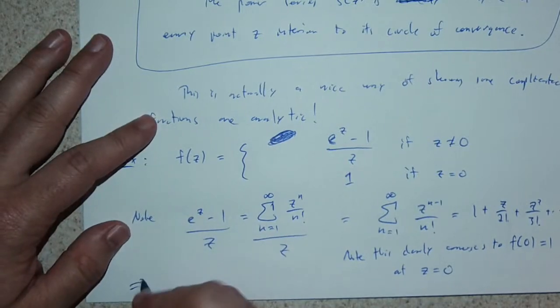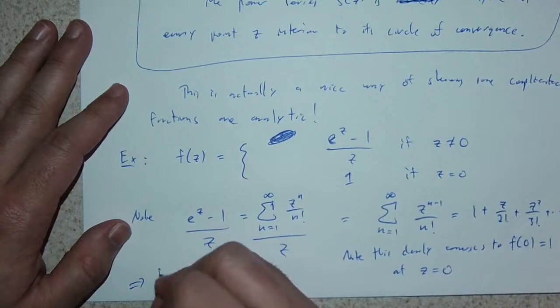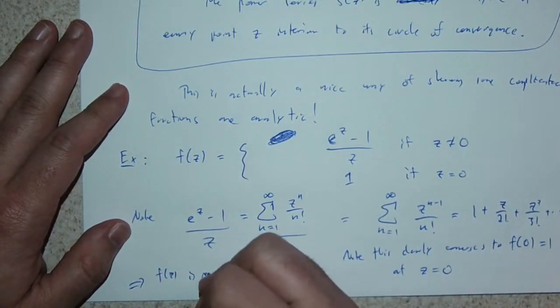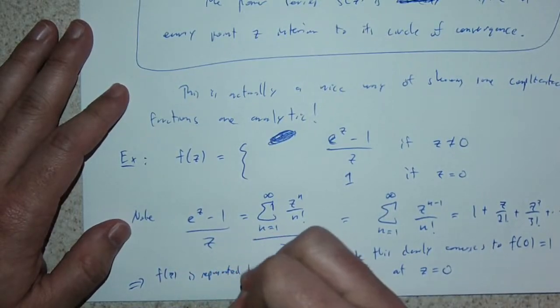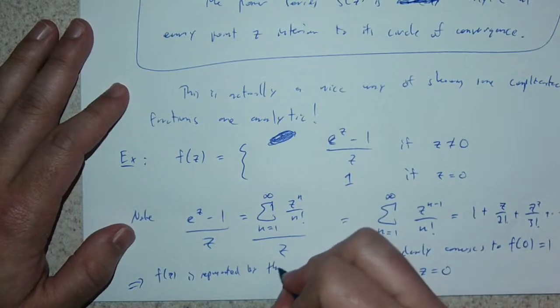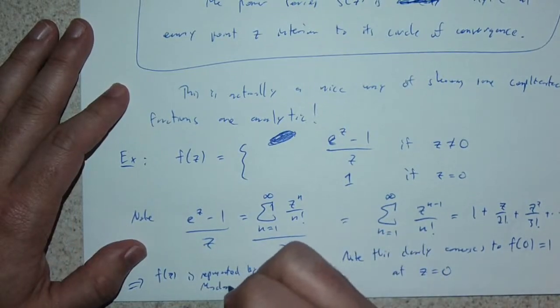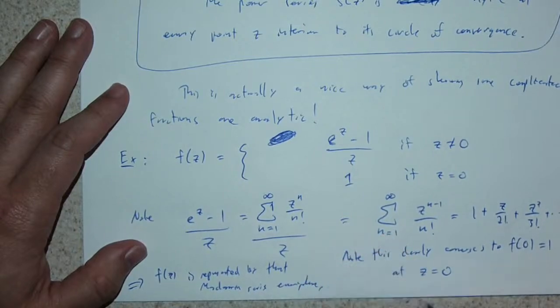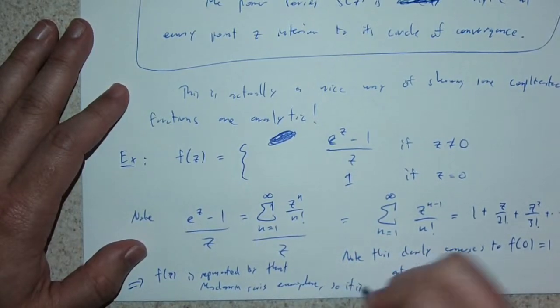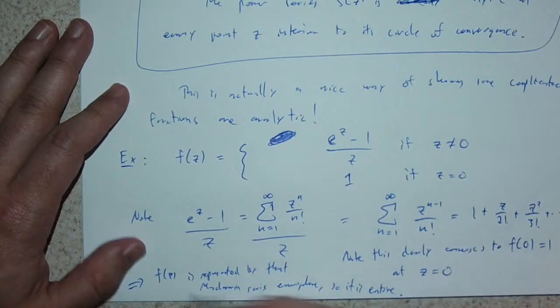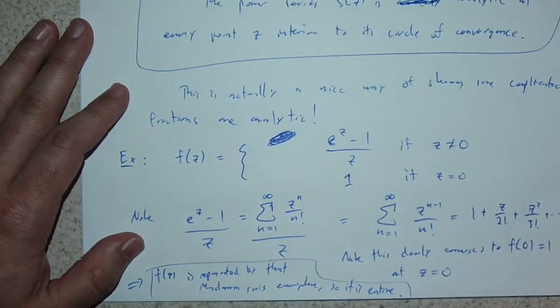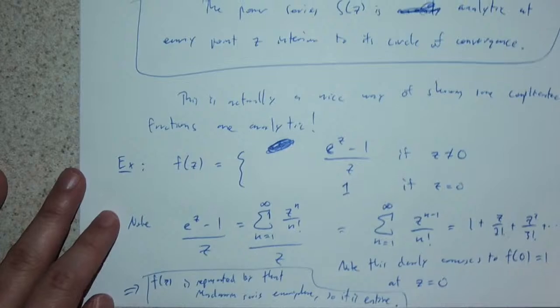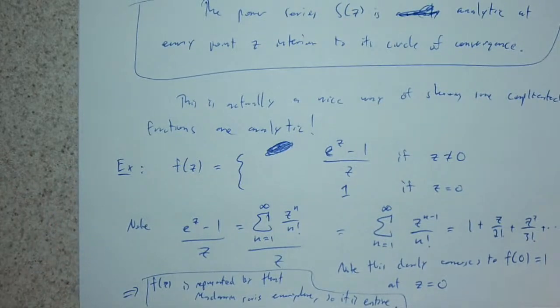Thus, f of z is represented by that Maclaurin series everywhere. So it is entire, because it's represented by the Maclaurin series everywhere, so it is analytic everywhere, because that Maclaurin series converges everywhere on the entire complex plane. So this f is actually entire.